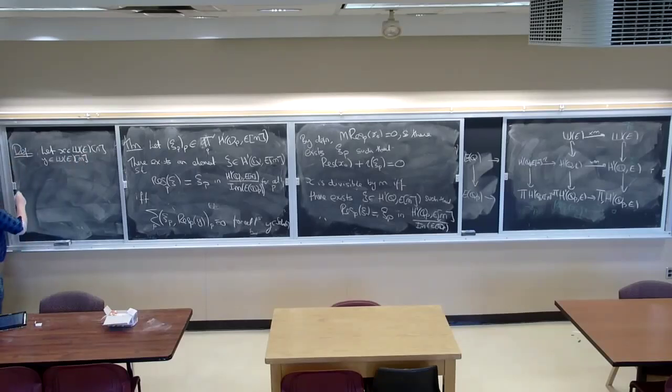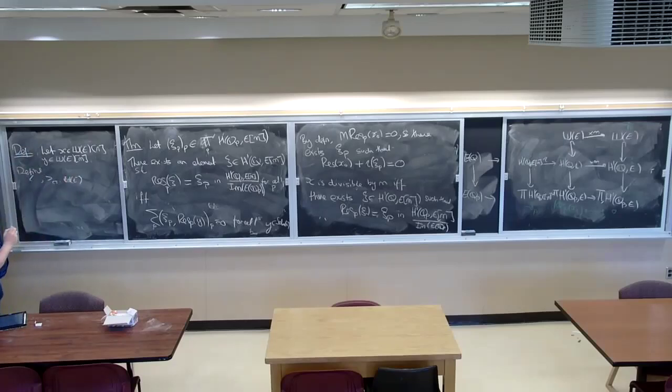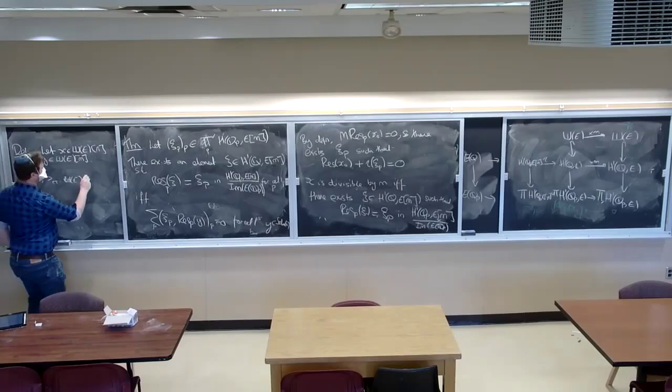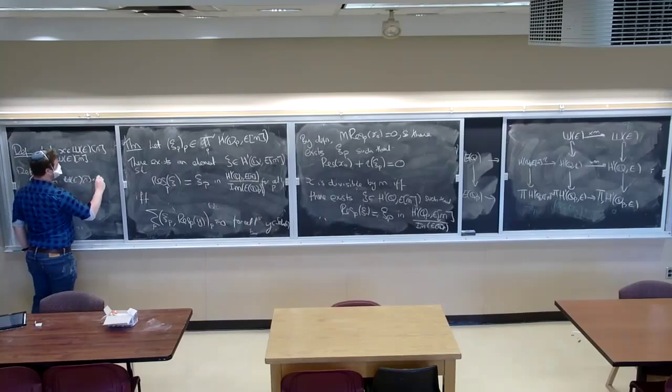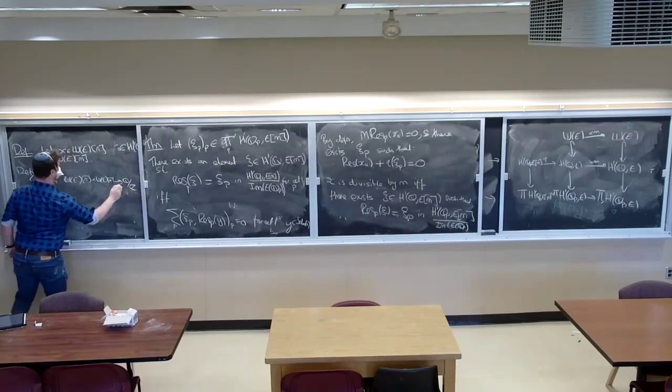Then I'm going to define my Cassels-Tate pairing from Sha E[n], swapping my n's and m's across, to Q/Z as follows.